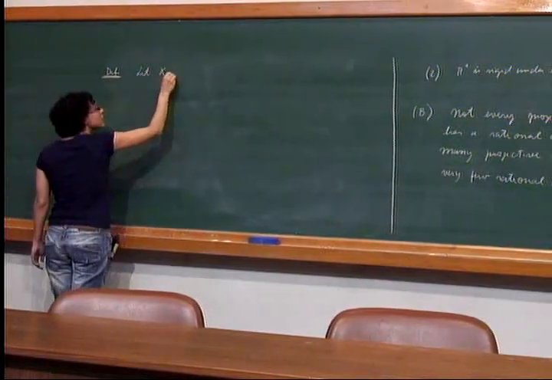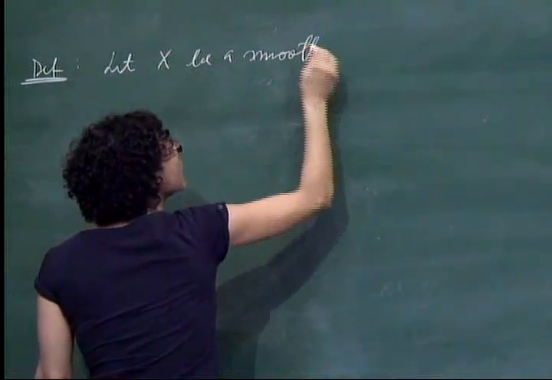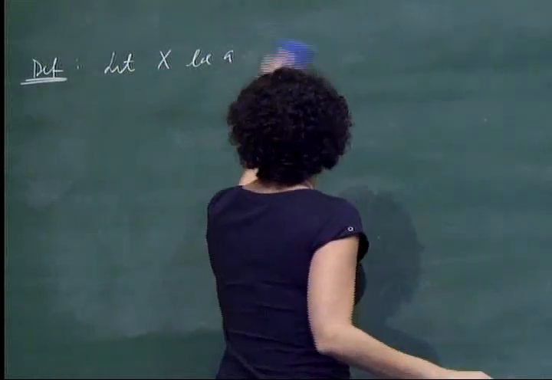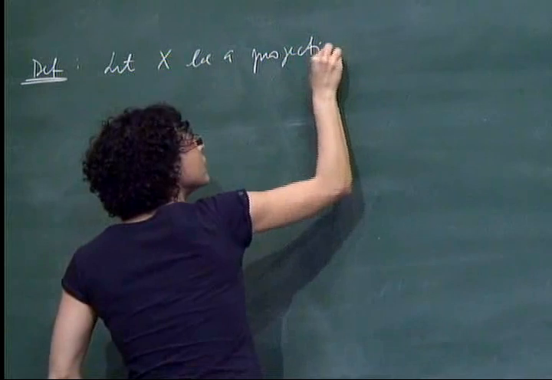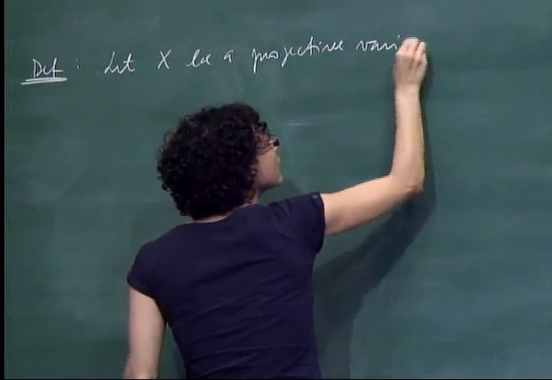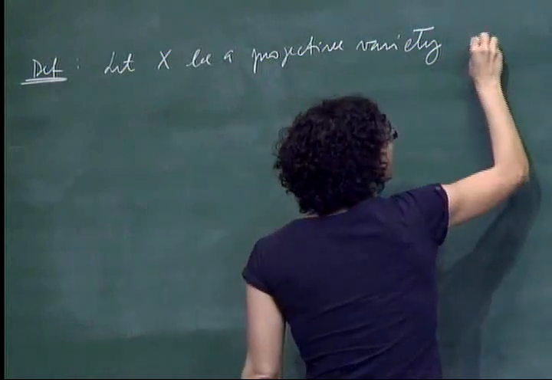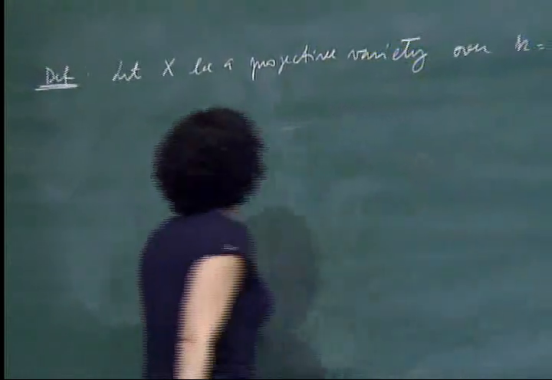Let X be a smooth, well, actually, I don't need smoothness here, be a projective variety over K, let's say, an algebraically closed field.